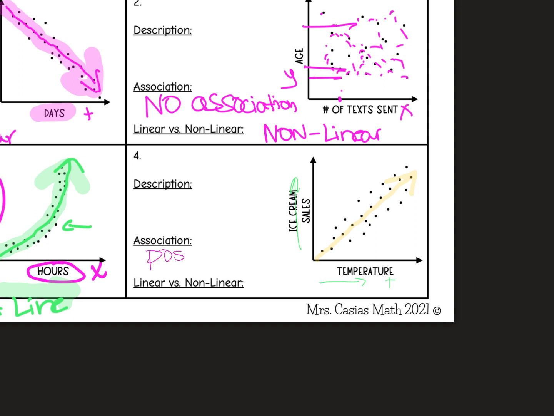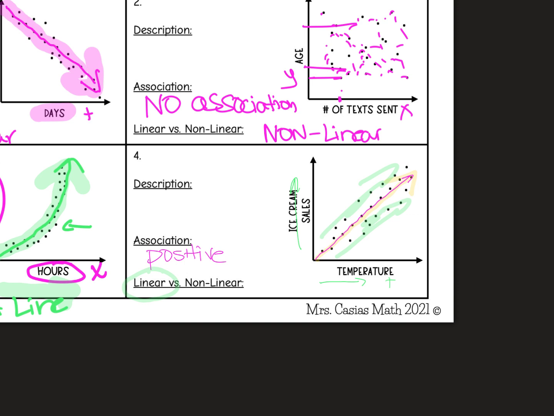Now let's talk about, is this linear or not? Meaning, is it following a straight line? Well, if I just follow right down the middle of this arrow, yes, even though there are some data points out here and out here, it is still following a straight line. So this would be a linear relationship.